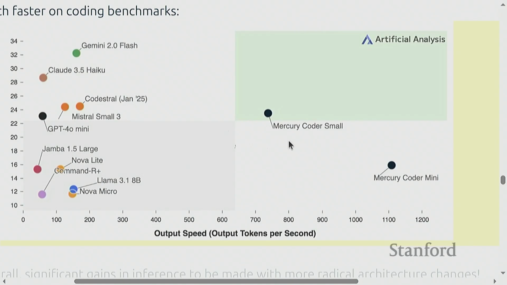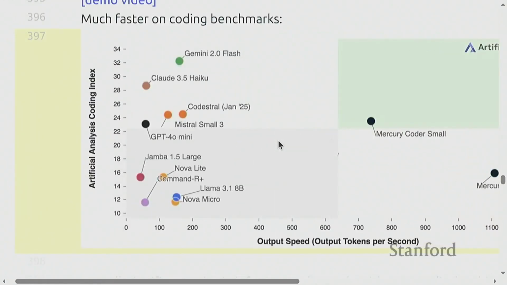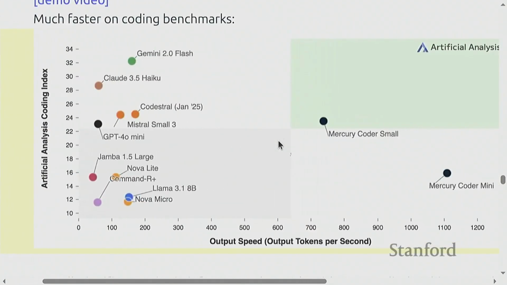Now, whether diffusion models will be general purpose and powerful enough for all of these tasks remains to be seen. But you have such a lead on the token speed here that I think you can put in more compute and recover some of the accuracy losses if you need to.